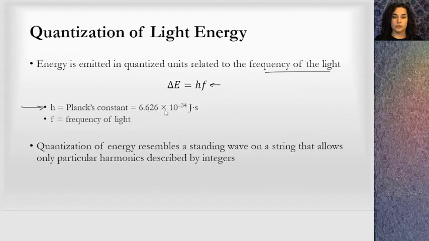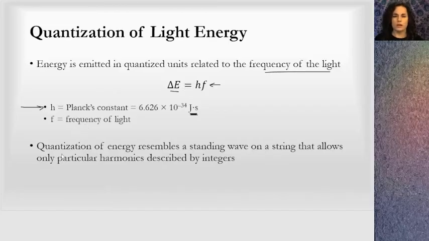It's 6.626 times 10 to the negative 34th joules times seconds. So when you use that constant, you can have that there. It will be given to you on an equation sheet, etc. And then all we have to do is know the frequency of the light, and then we know the energy of the light. We just multiply by Planck's constant.